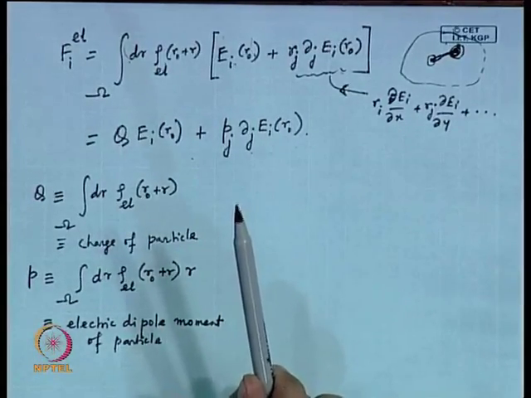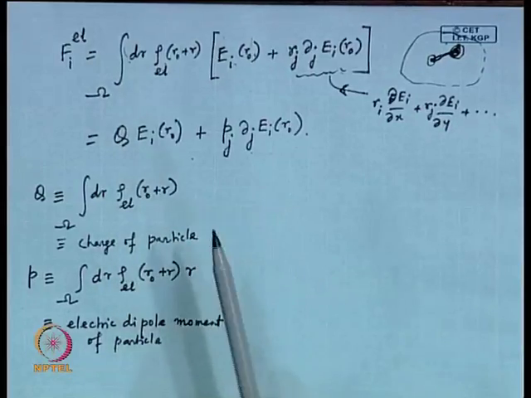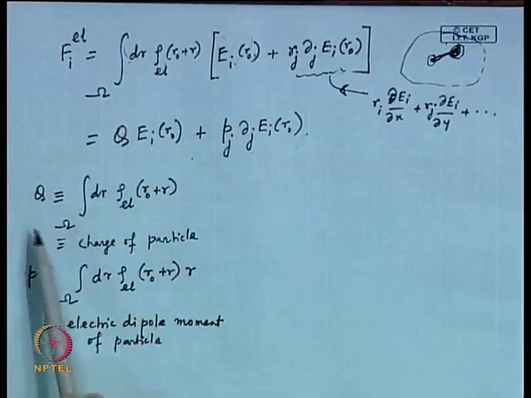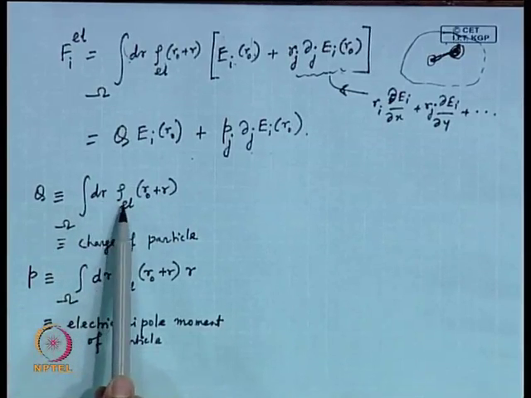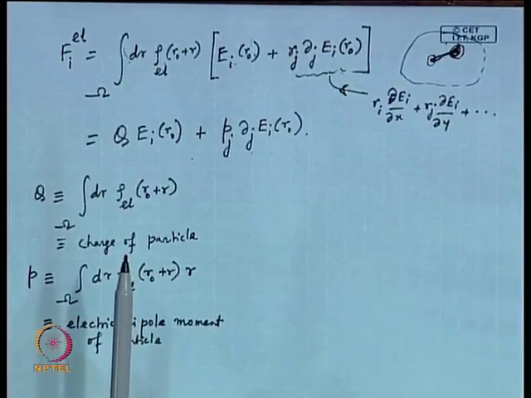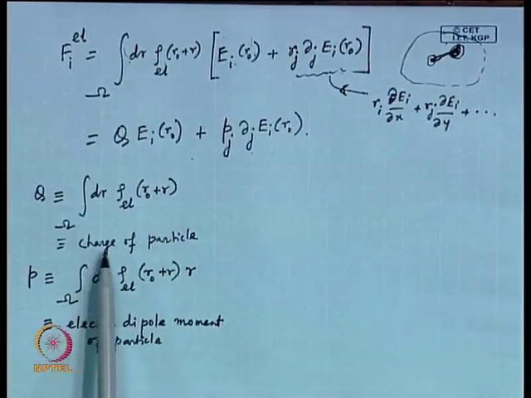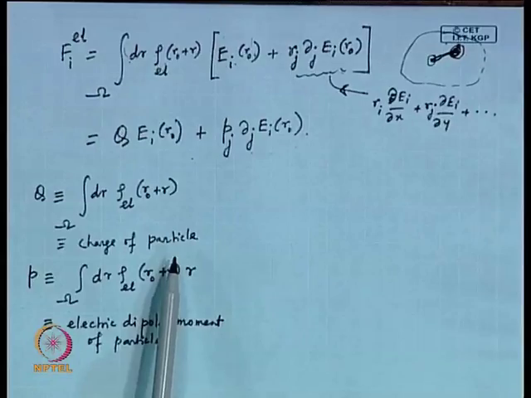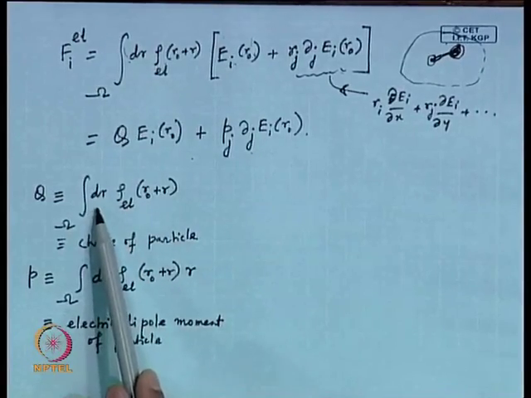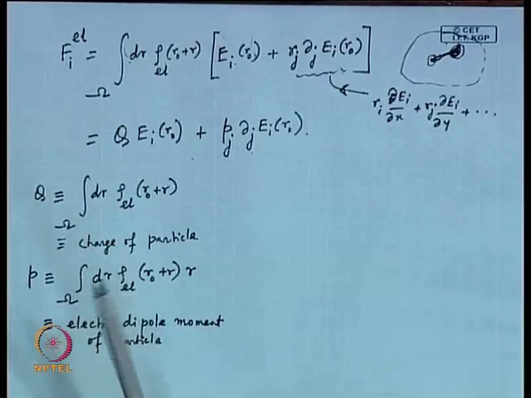All right. So you have these two terms where Q is equal to integration dr rho EL(r naught plus r). And what is that now? That is referred as charge of the particle, no doubt about it, rho EL into dr. So you are basically summing rho EL over the entire region omega.